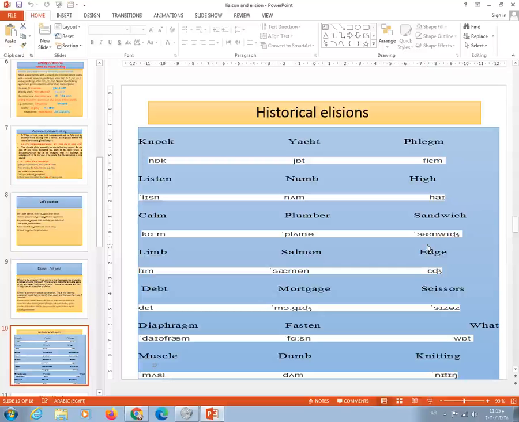Okay, so sandwich, and then limb and then salmon، ما نقولش سلمون خالص، salmon. احنا علبة السلمون والكلام لا، salmon.